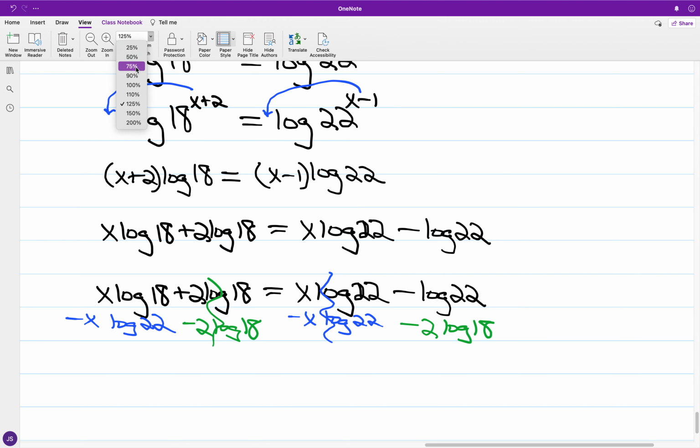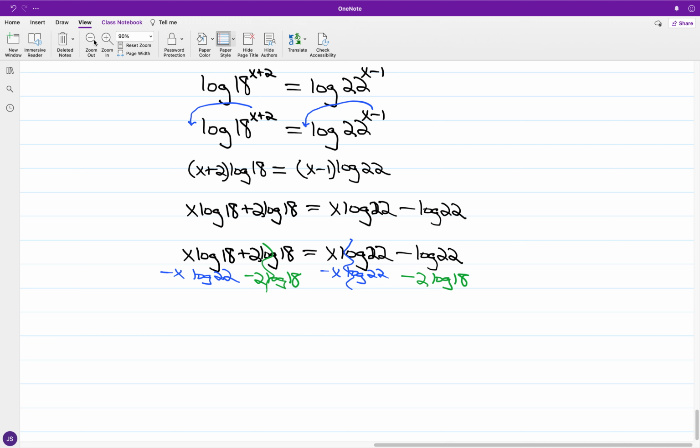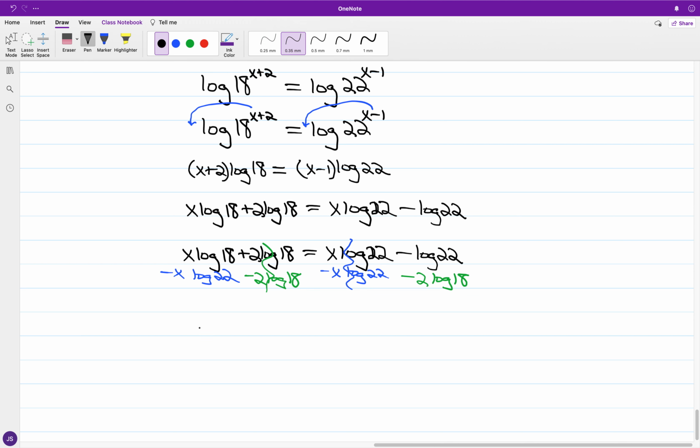So in the rewrite, we're coming down to the difference. You have x times the base 10 logarithm of 18 minus x times the base 10 logarithm of 22 is equal to the negative of the base 10 logarithm of 22 minus 2 times the base 10 logarithm of 18.